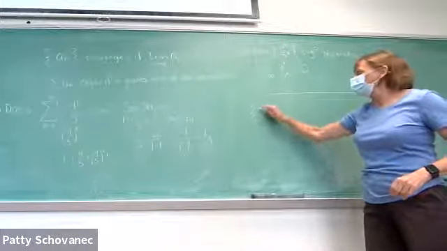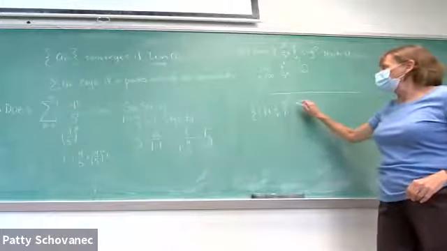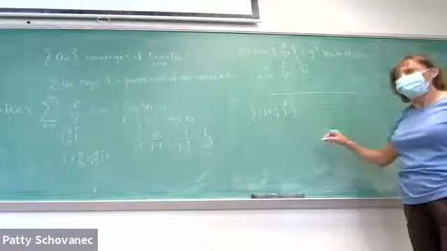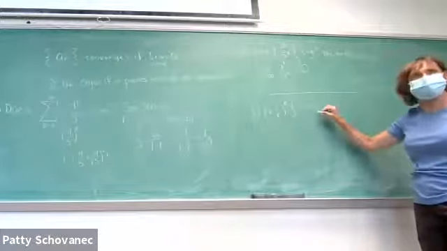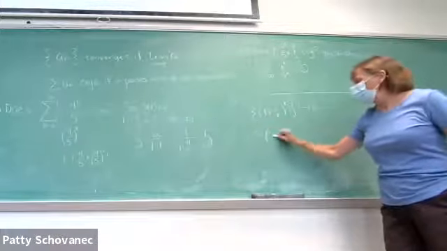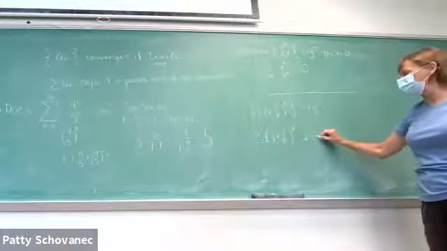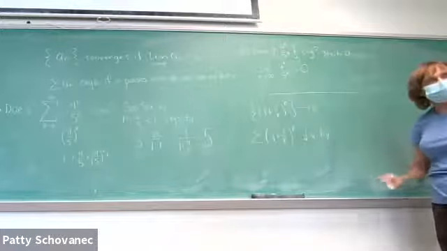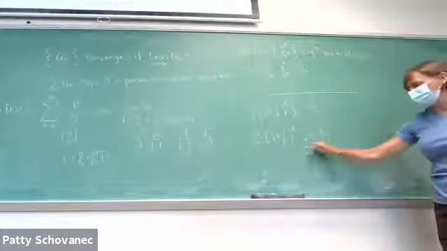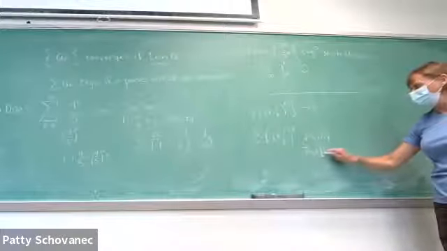The sequence (1 plus 1 over k) to the k converges to what? E to the first power. So the series (1 plus 1 over k) to the k diverges by, what test am I using? The test for divergence. It doesn't have a general term that goes to 0.